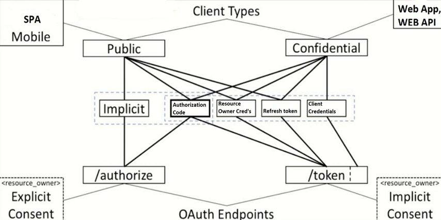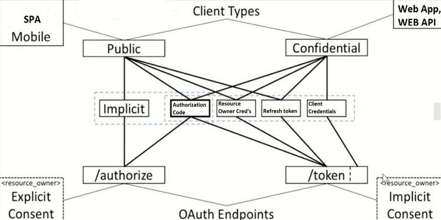When it comes to consents, one more point I would like to explain over here. In case of these consents, explicit consent or implicit consent, you need to provide admin or user consent. That will happen in case of slash authorize, where you will be able to provide explicit consents. In case of slash token, you will be able to provide the implicit consents also.